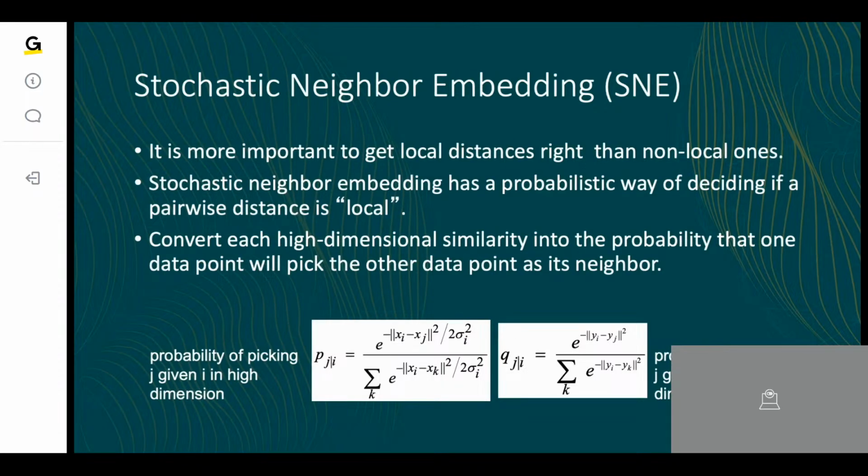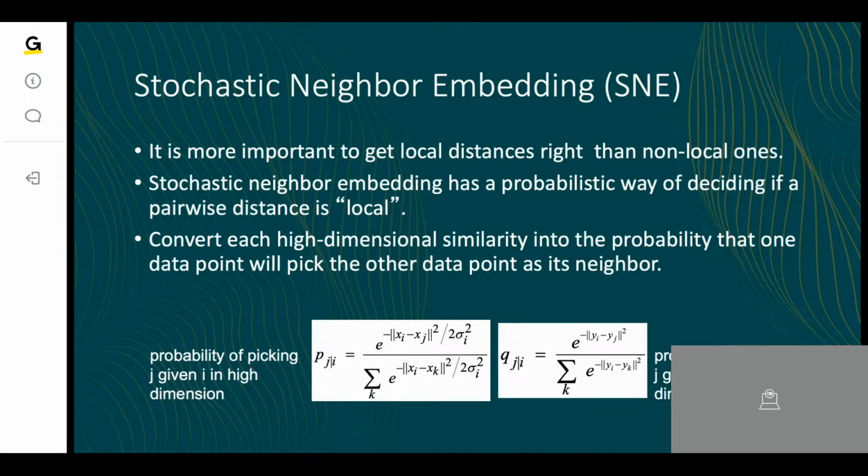the idea of the stochastic neighbor embedding overall is that we should get the local distances right. So essentially, if 2 data points are closer to each other in the high dimensional space, which is X, they should be closer to each other in the lower dimensional space, or Y. Thereby the term local distance.